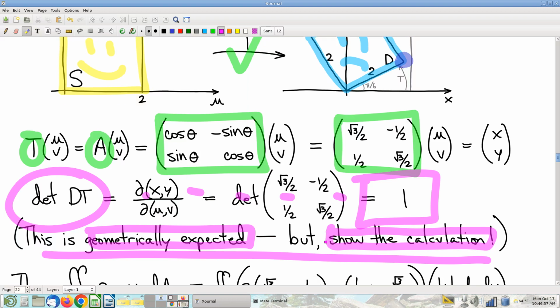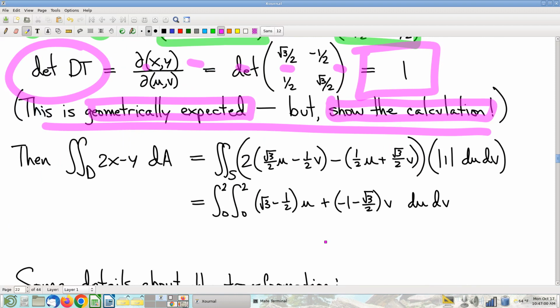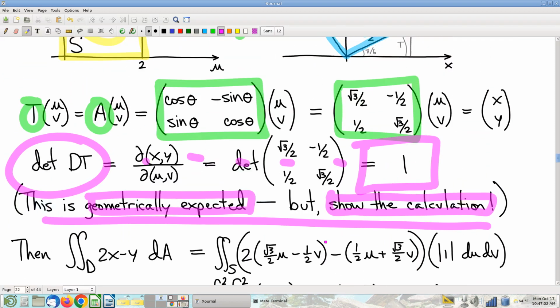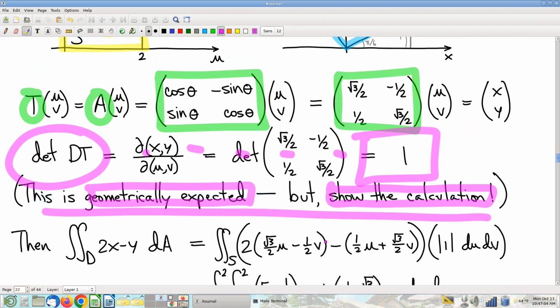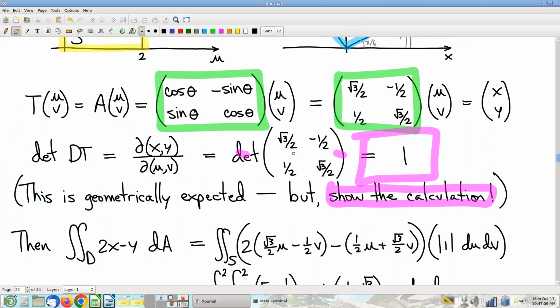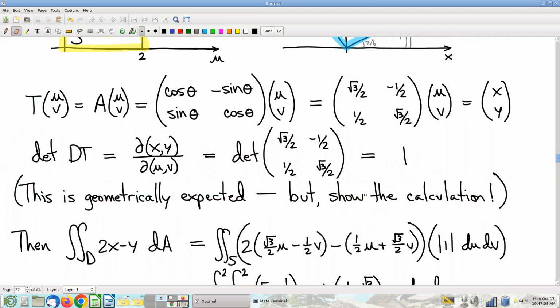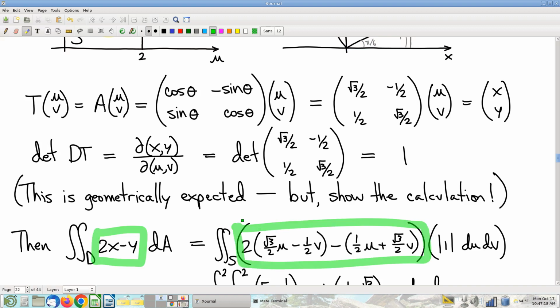And here we go. So, let's see here. I guess I need to have that on the screen too. Okay, here we go. So 2x minus y becomes this. Because, don't forget, x is that.